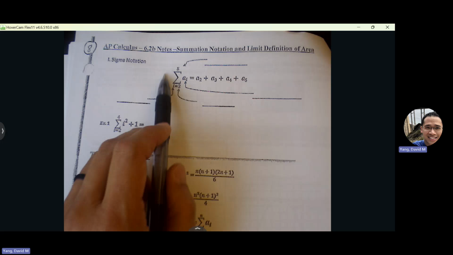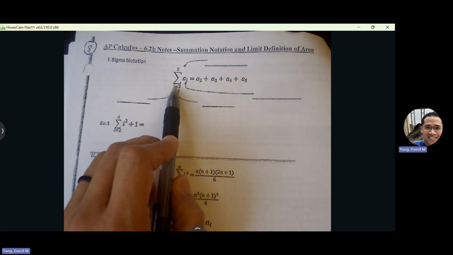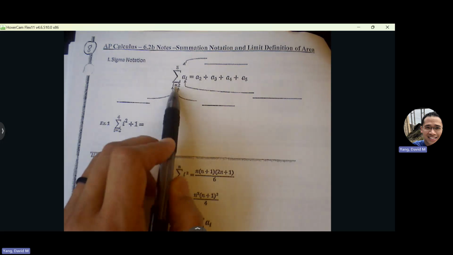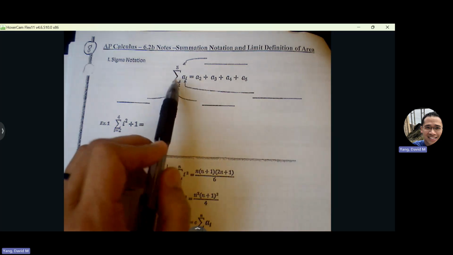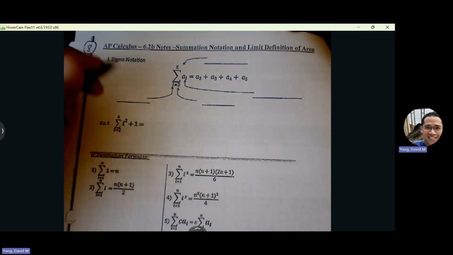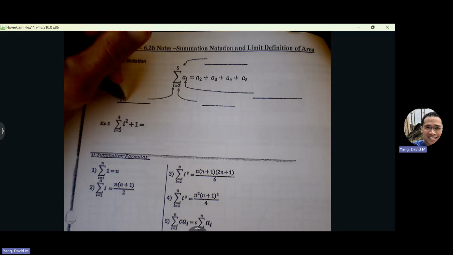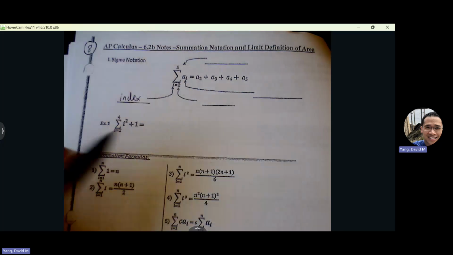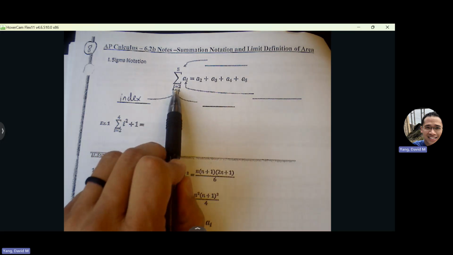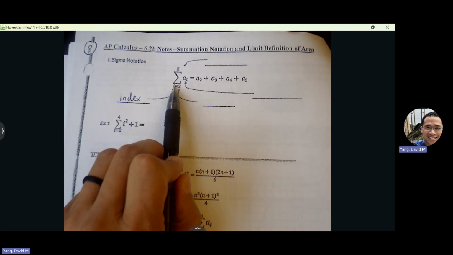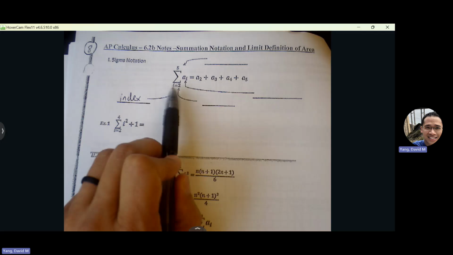This summation notation just indicates that we're adding a bunch of terms together. It's a shorthand way of indicating that. First, we start off with the index. That's going to be the variable, a counter, and it's always going to increment by 1. So if we start at 2, then the next term will be 3 that plugs in, then 4, then 5, and so on.